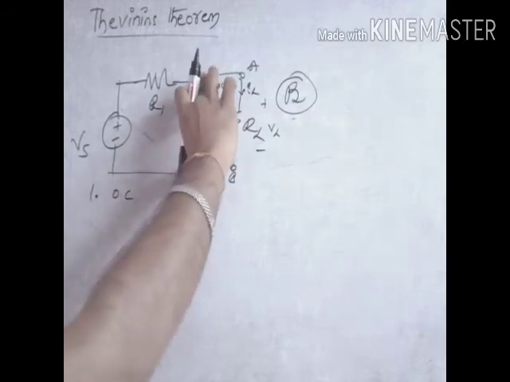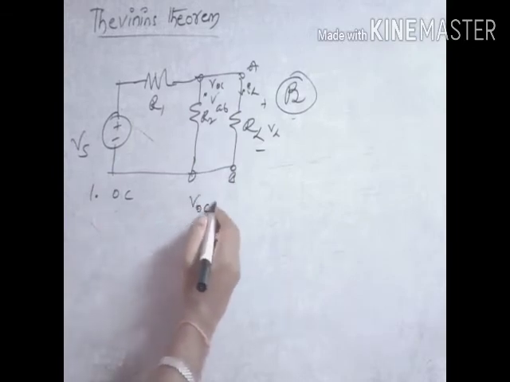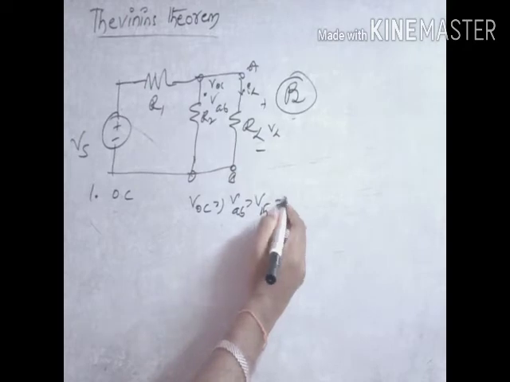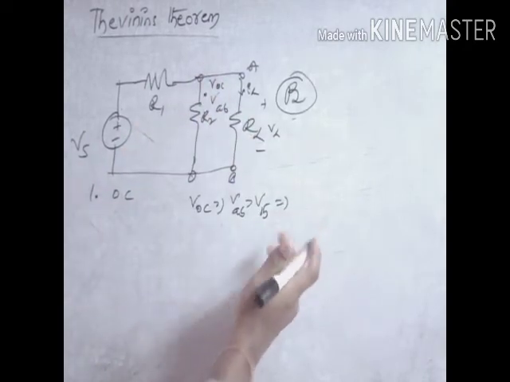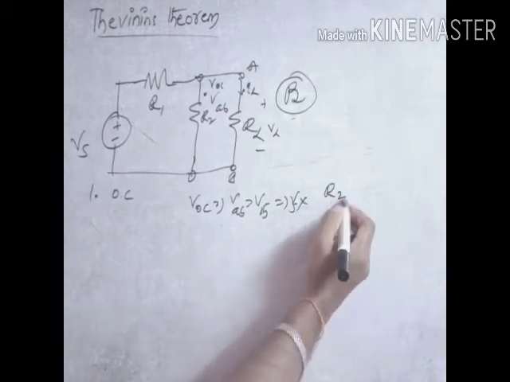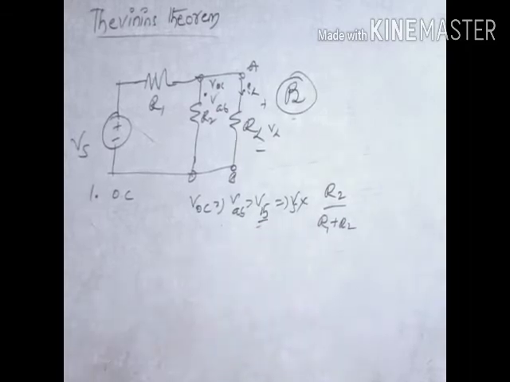This voltage across R2 is also called Thevenin's voltage. Using voltage division, V Thevenin equals Vs into R2 by R1 plus R2. This is Thevenin's voltage value.